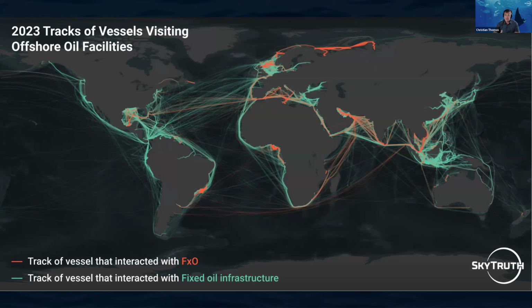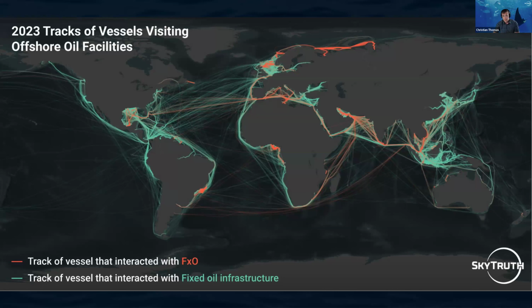One of the things that we found is that the emissions from these vessels have been steadily increasing due to increased vessel traffic, as well as the use of larger and larger vessels to transport oil. In 2023, voyage emissions from the vessels that visited fixed oil infrastructure and FXOs were estimated to be around 9 million metric tons of CO2.